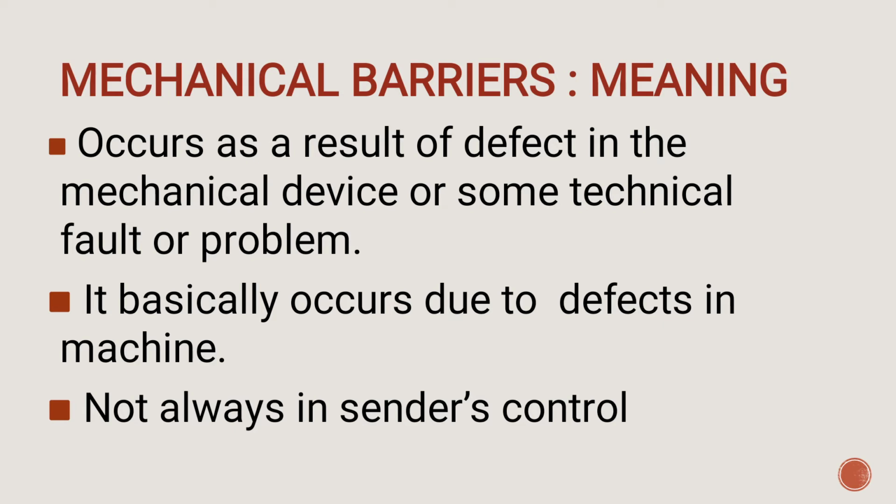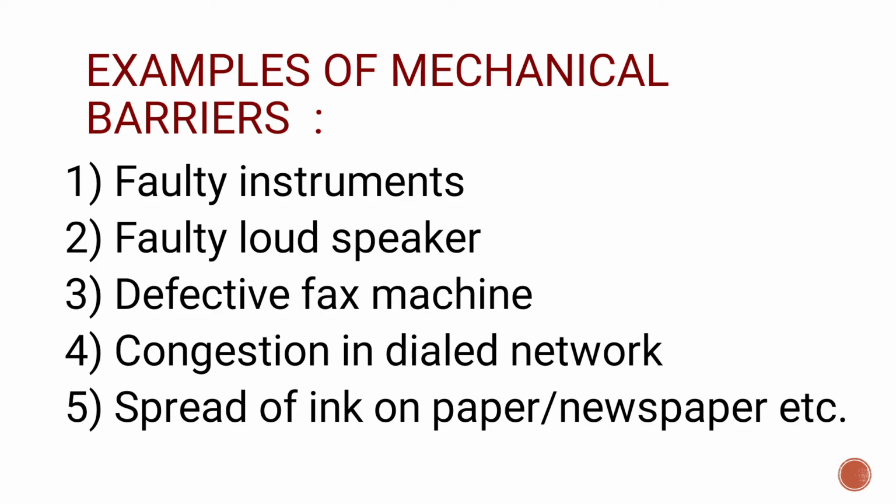Sometimes the sender may repair the machine, can have the B plan ready, and there is hardly a problem in communication for a while, for a minute. But suppose it's not in the control of the sender, then that becomes a major problem or a barrier, and communication can be postponed in that situation.